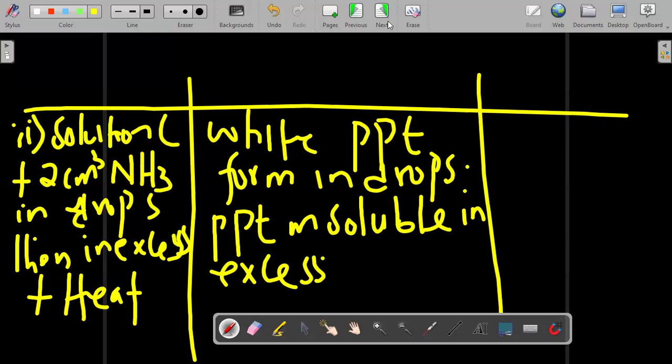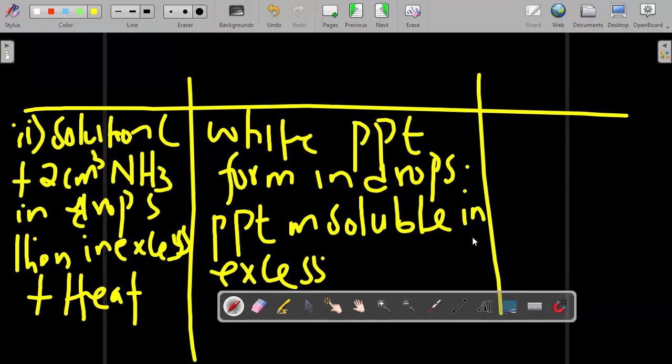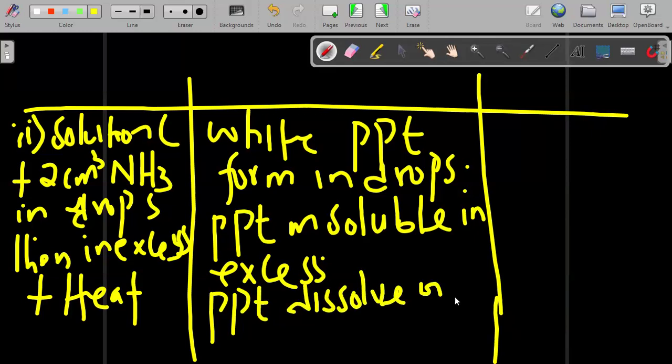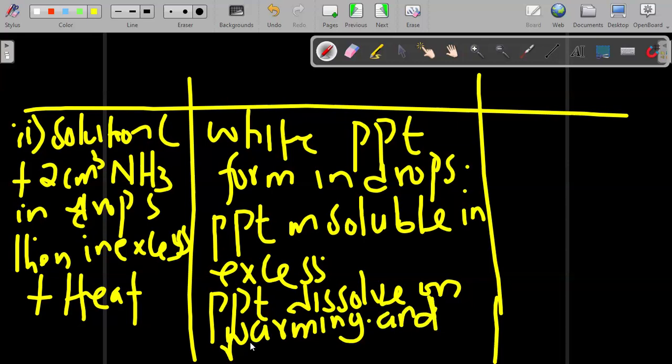Then, like I said, they can ask you to heat the mixture. When you heat, this is what you are going to see: PPT dissolve on warming and reappear on cooling.